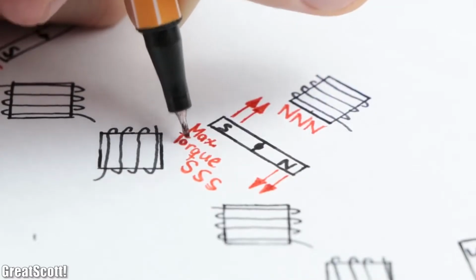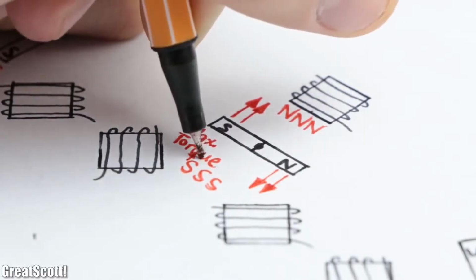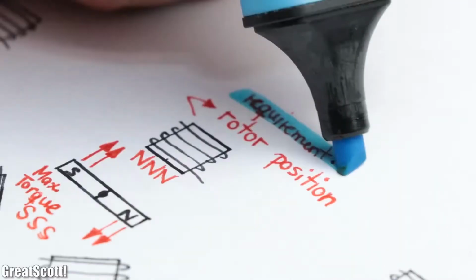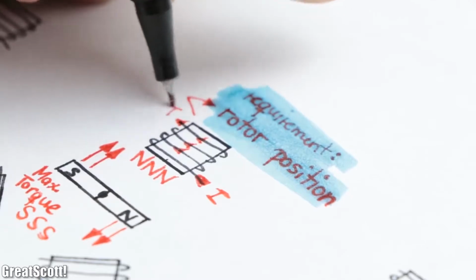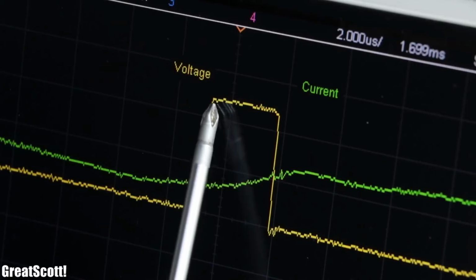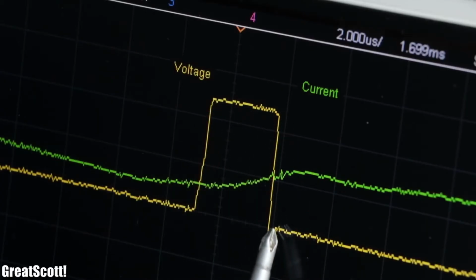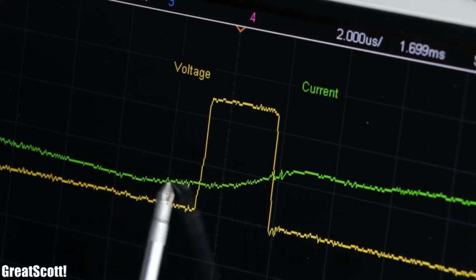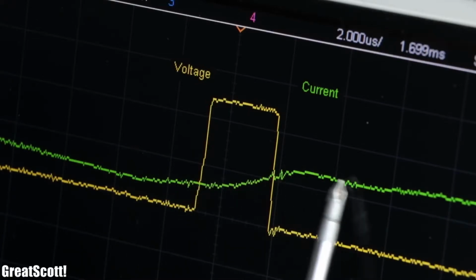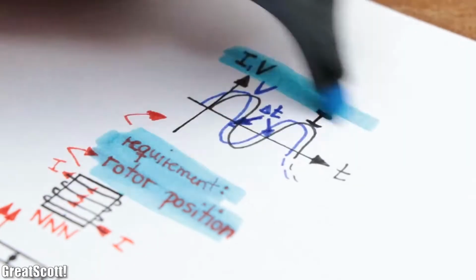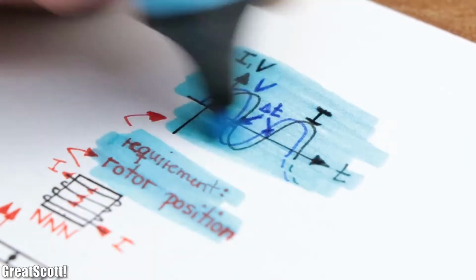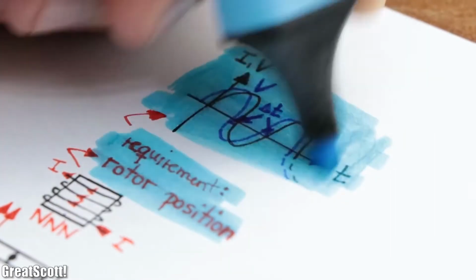Exactly, it is in the middle picture, where the rotor would create the maximum torque, which basically means we need to know the position of the rotor in order to let the current flow through the correct coil. But that is not all, since there will always be a phase shift between voltage and current when it comes to inductances. We also need to constantly monitor the current in order to adjust the phase of the voltage so that we can achieve this perfect pull position.